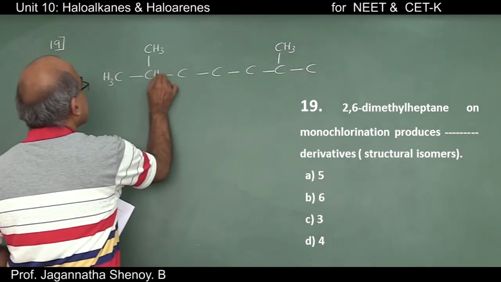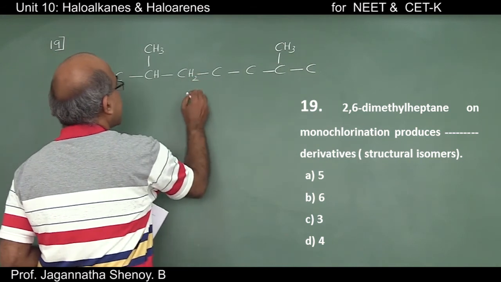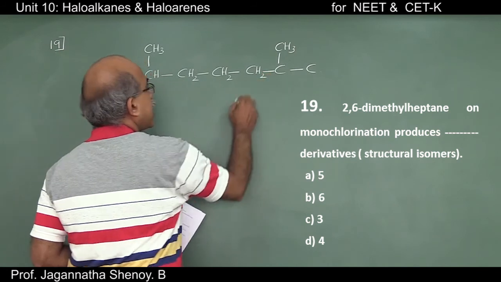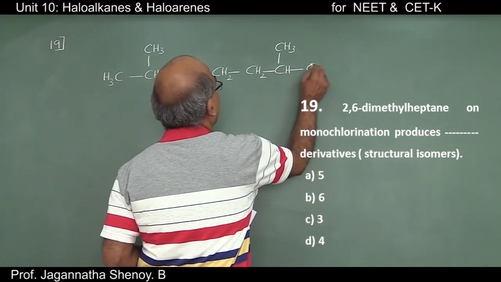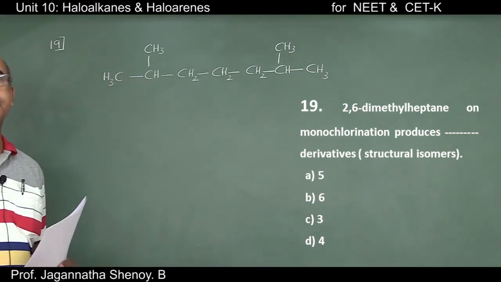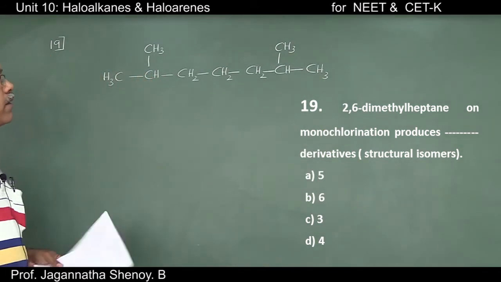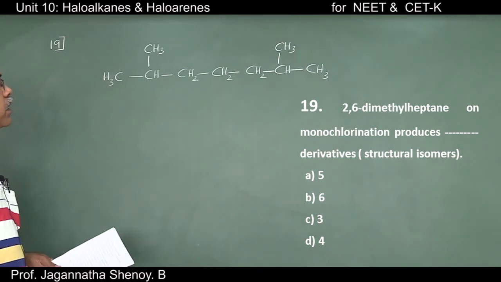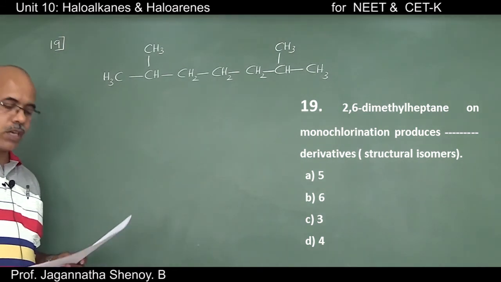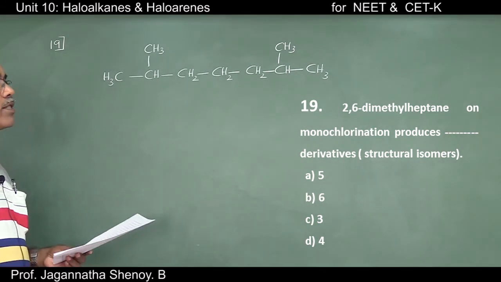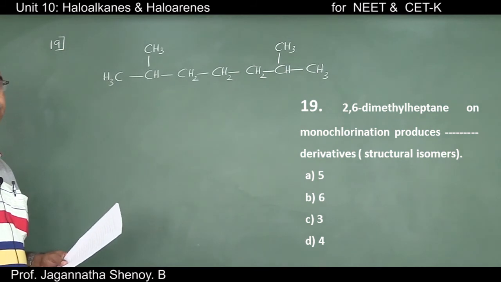CH3 here, CH, it is CH2. Here it is CH2, here CH2. Here I should have H, and here it should be CH3. Right? Now, just look at this particular molecule and find out how many monochlorinated isomers are possible.